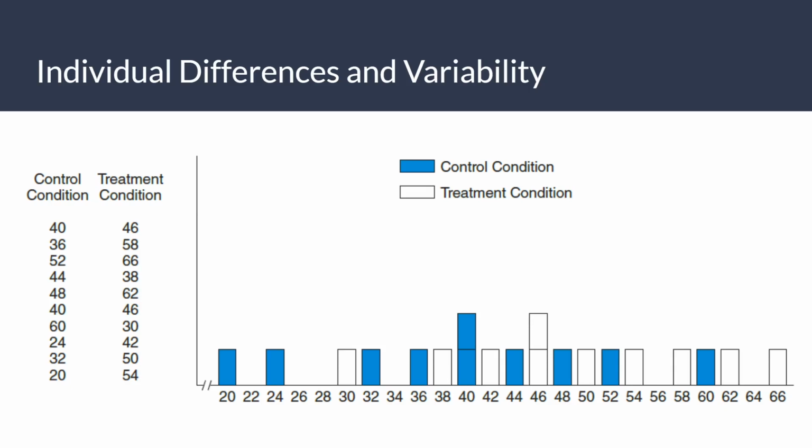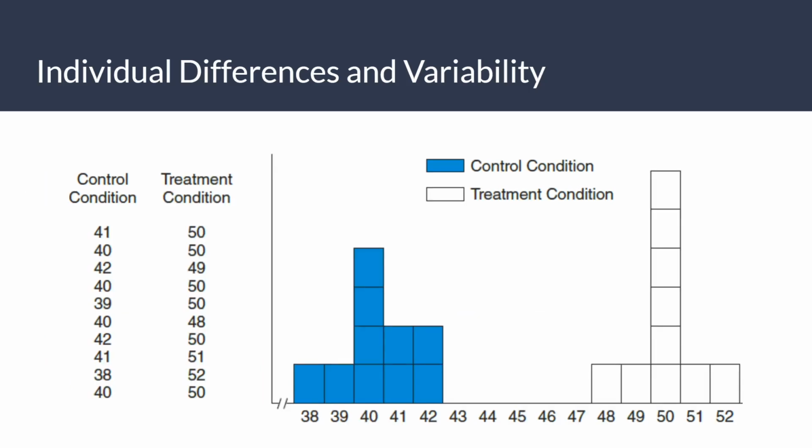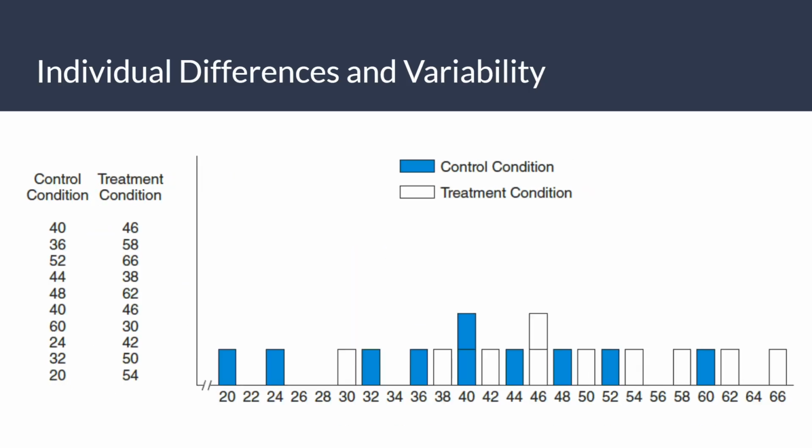So it's not just the manipulation influencing the results of the study, it's also their personality, it's also their ability, it's their personal characteristics. Compared to the one that I showed before, in the second situation, the differences are not so obvious.